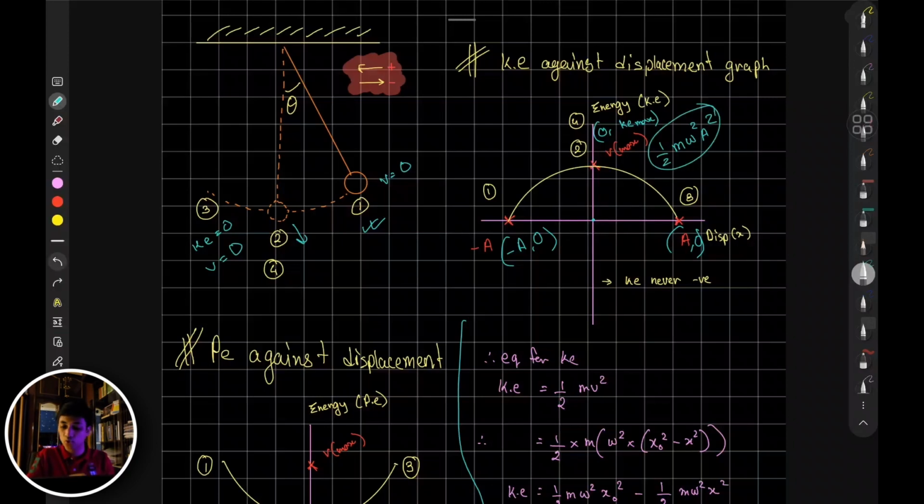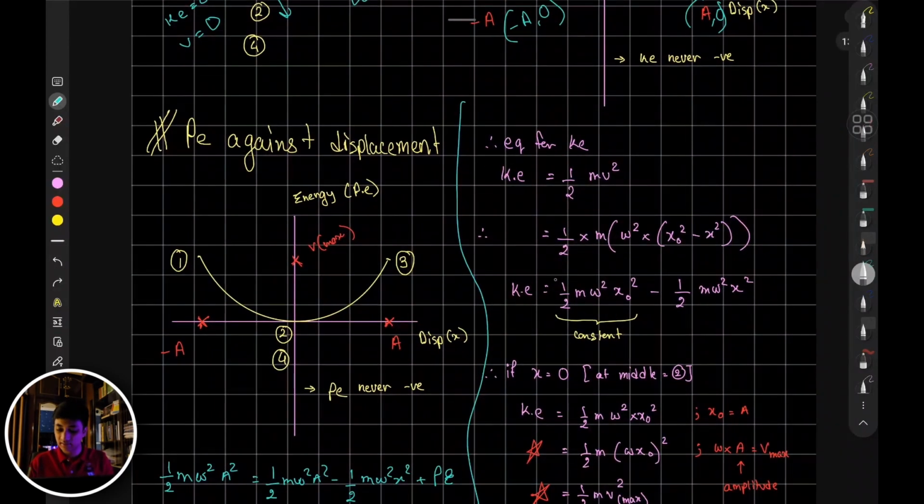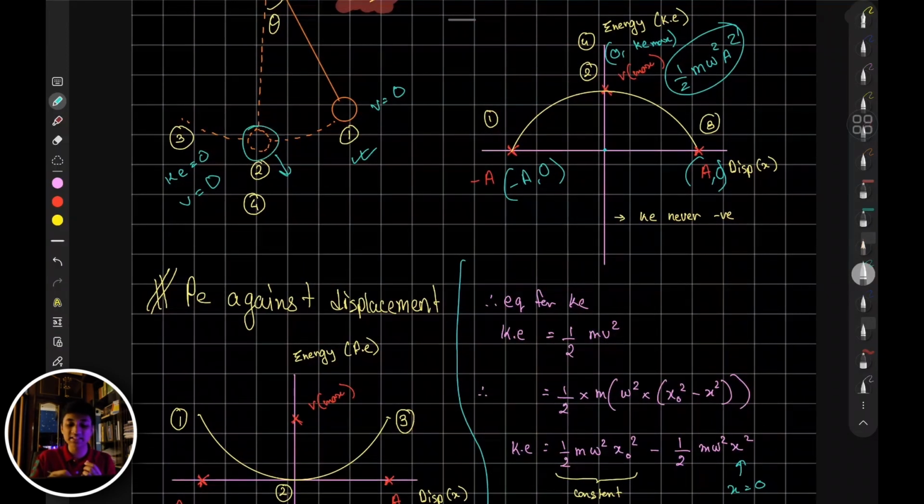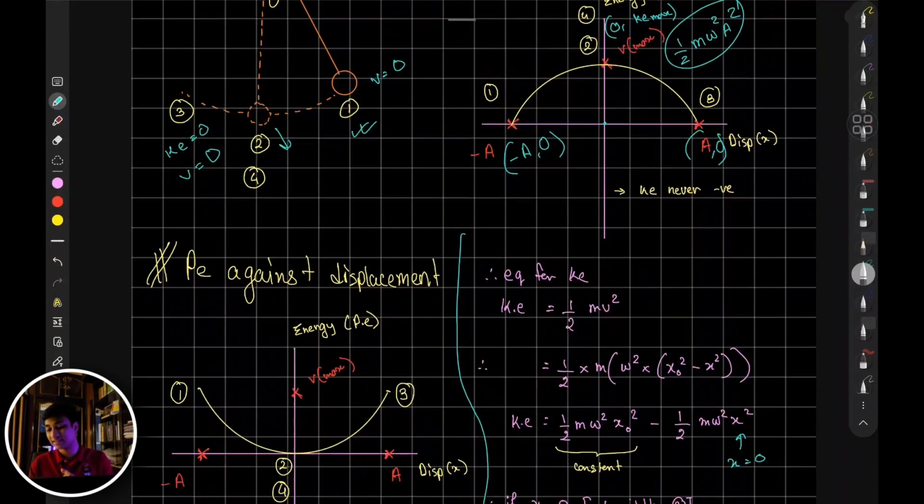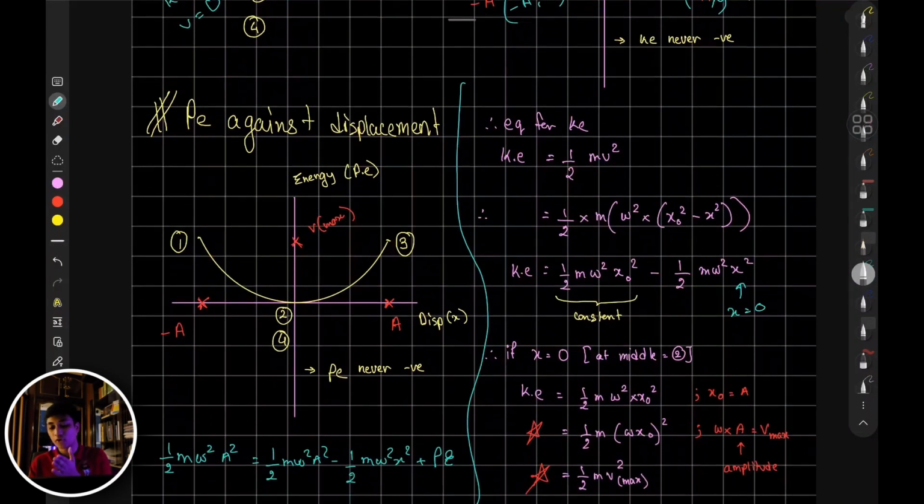How is that the total energy? Because this part is a constant. This never changes. So if you plug in x equals 0, where the displacement is 0, you're going to see that the value for energy that you get is actually this.